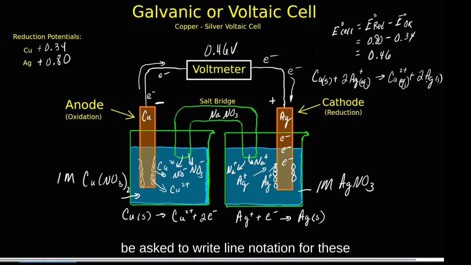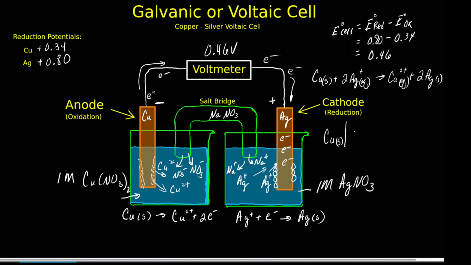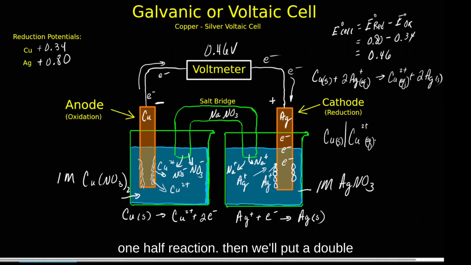Oftentimes you'll be asked to write line notation for these reactions. So to do that, we'll write copper solid, a single line, copper 2 plus. Okay, this will represent one half reaction.